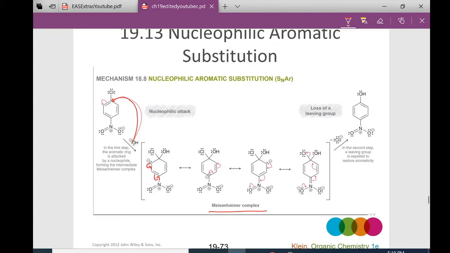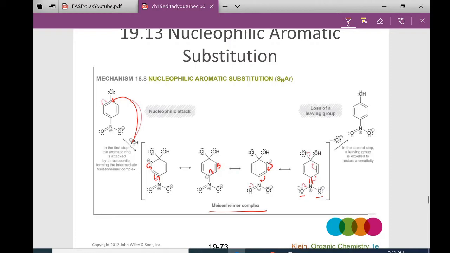So this lone pair could also move on around the ring, and we could end up with a negative charge over here at this position. And we could even then move that lone pair down, so we'll have to move that double bond here. We could put that double bond on the nitrogen, okay, and that's going to put a double negative charge on these oxygens.